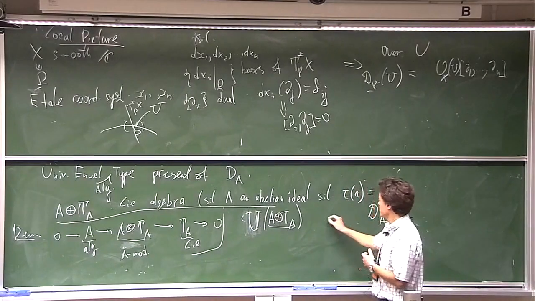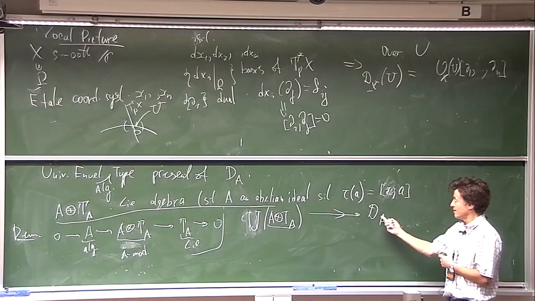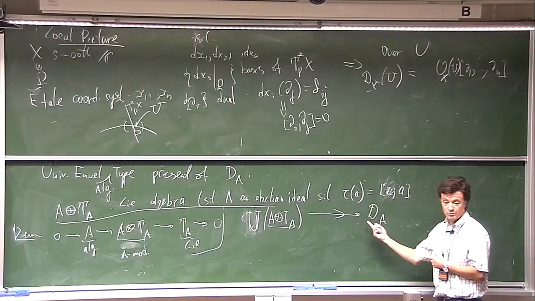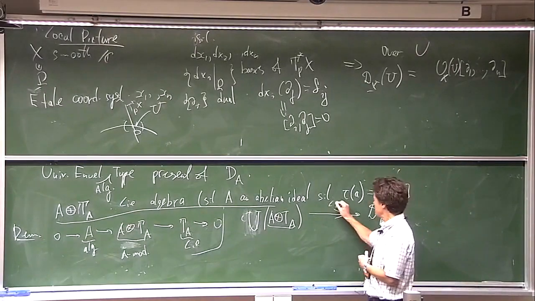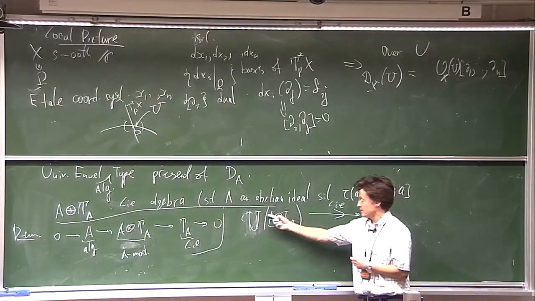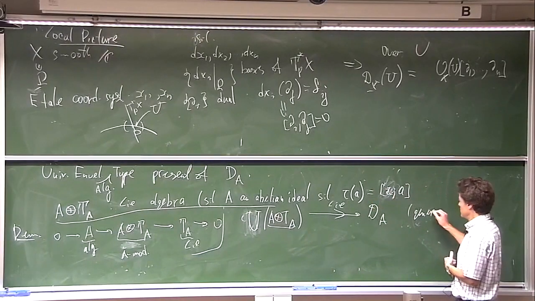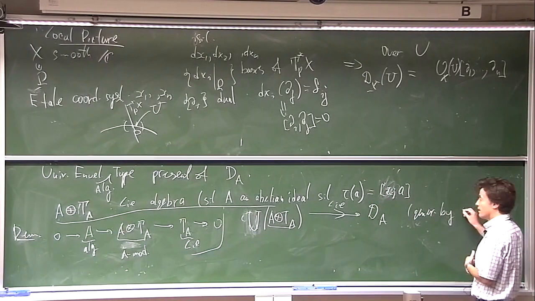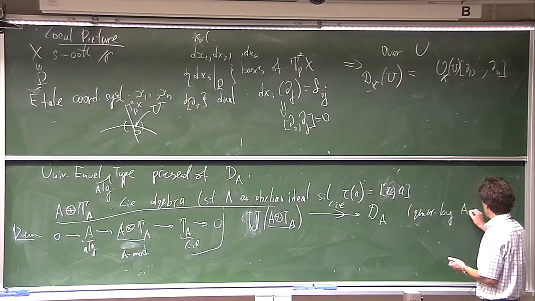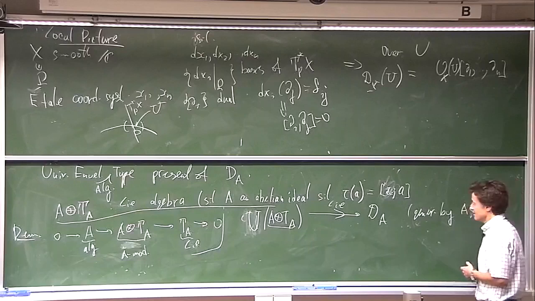So what I'm saying is that there is an obvious surjective morphism of Lie algebras, just because the bracket here is the same as there, and this is generated by A and T sub A. That's true.